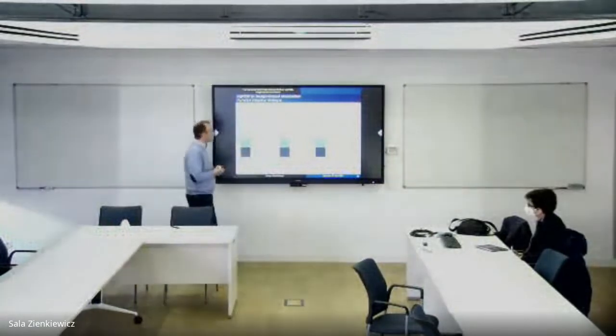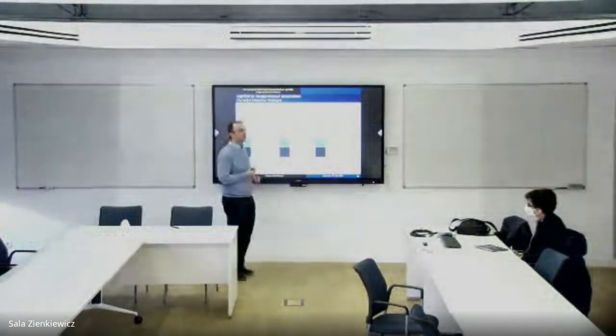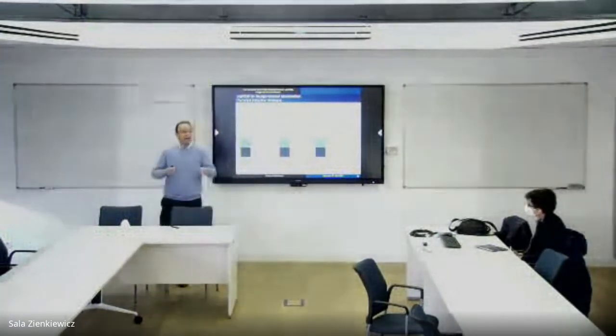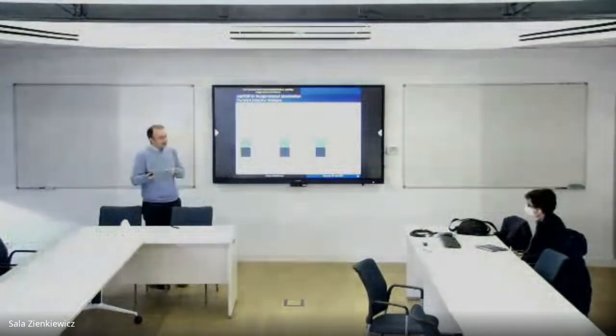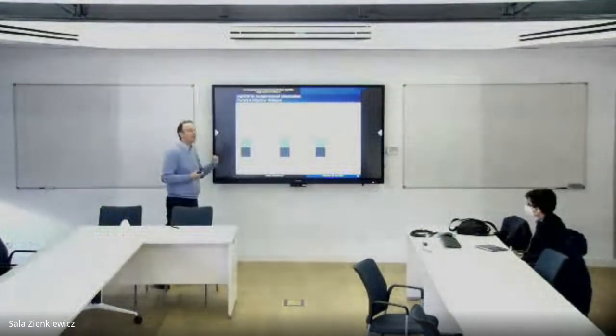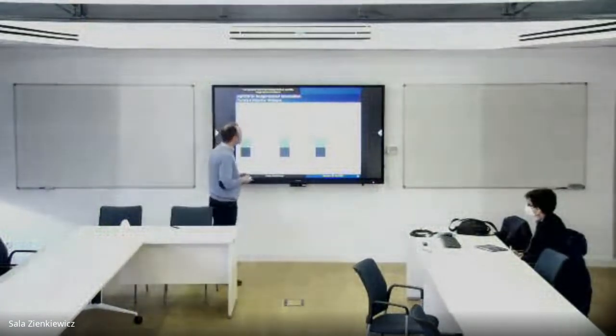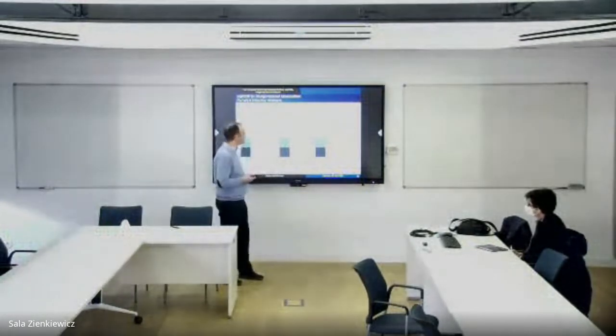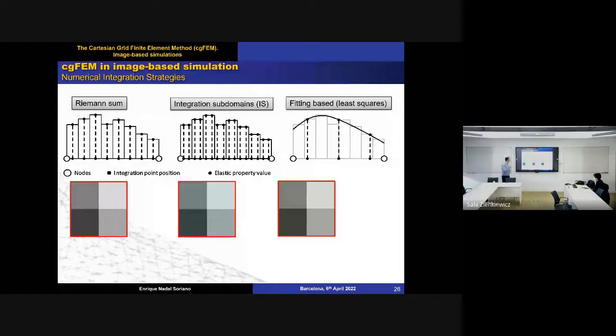So we think, okay, we put into each voxel the required number of integration points, just in case I have only one voxel per element. Or we fit a smooth surface describing the material into the element.